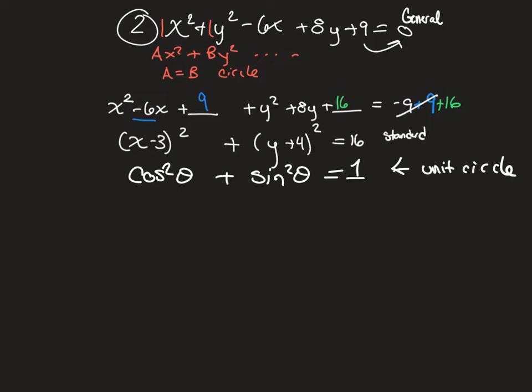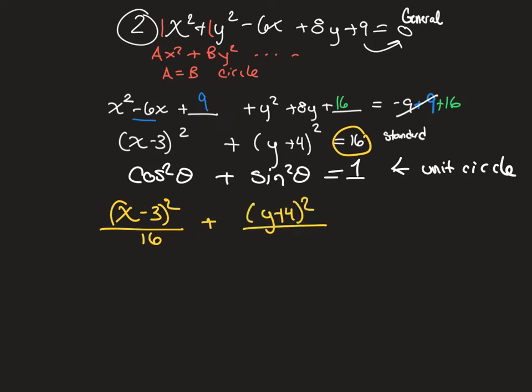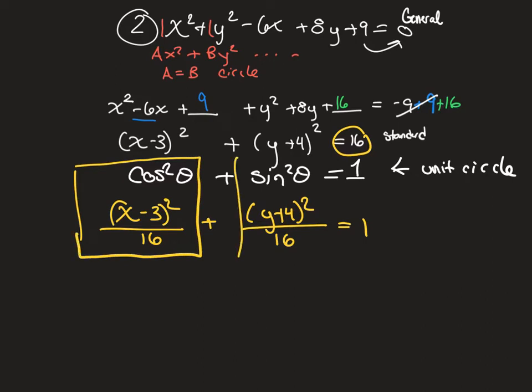And so I'm going to combine these two equations. And so the first thing I'm going to deal with is that I need this to equal 1. So I'm going to divide 16 over. So I'm going to have x minus 3 squared over 16 plus y plus 4 squared over 16 equals 1. And now I can match up these pieces. These pieces go together, and these two pieces go together.